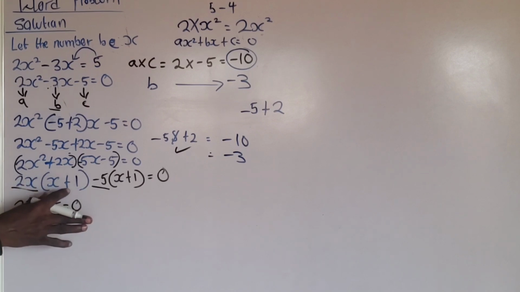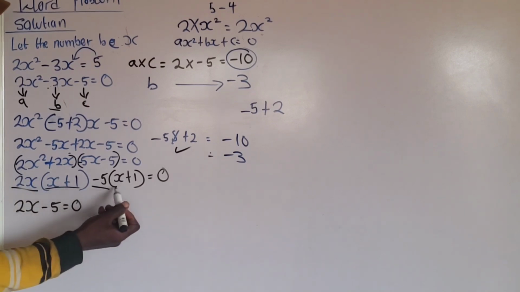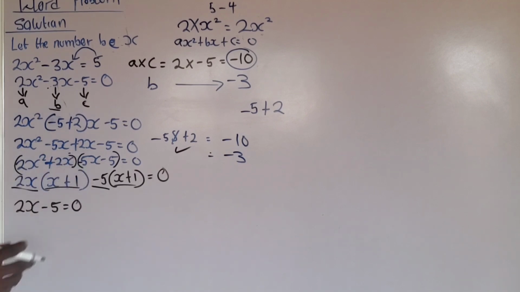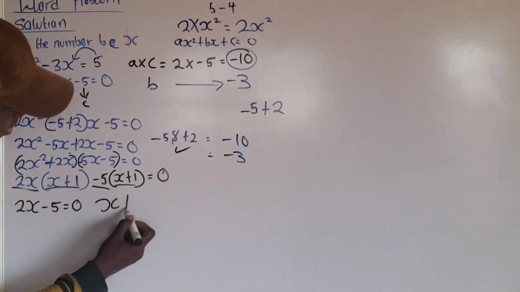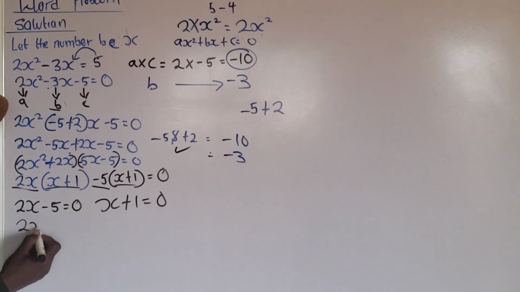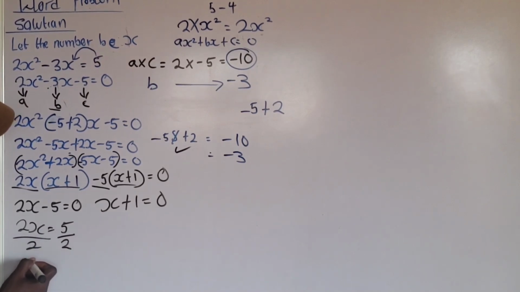Now you can see that we have the same content inside the first and the second bracket. So I'm going to choose one: x plus 1 equals 0. Now, having gotten to this point, you can get the value of x by simplifying and connecting like terms. Here I'm going to have 2x equals 5. Solve for the value of x: this over 2, this over 2, x equals 5 over 2.